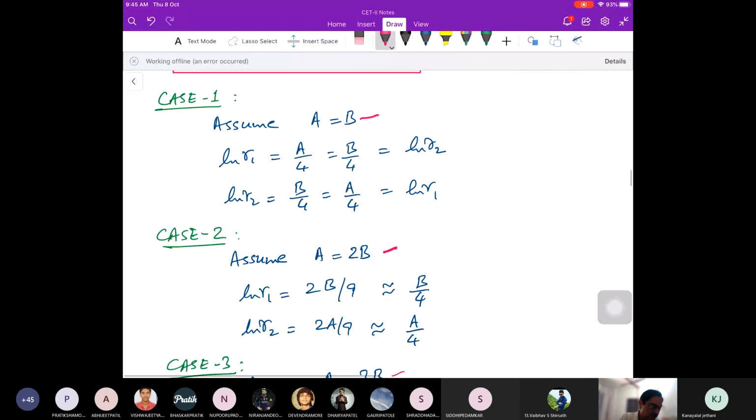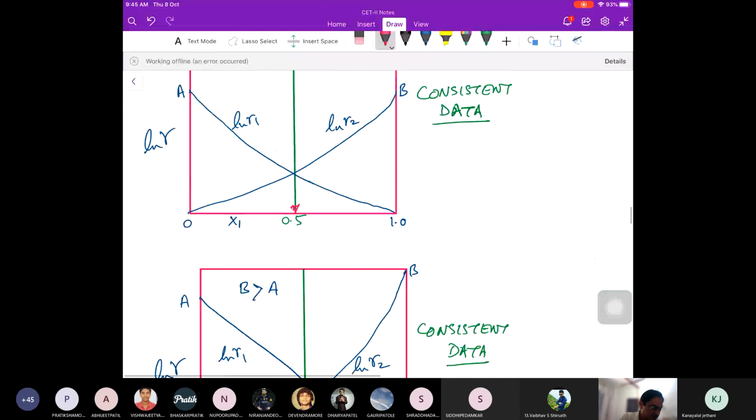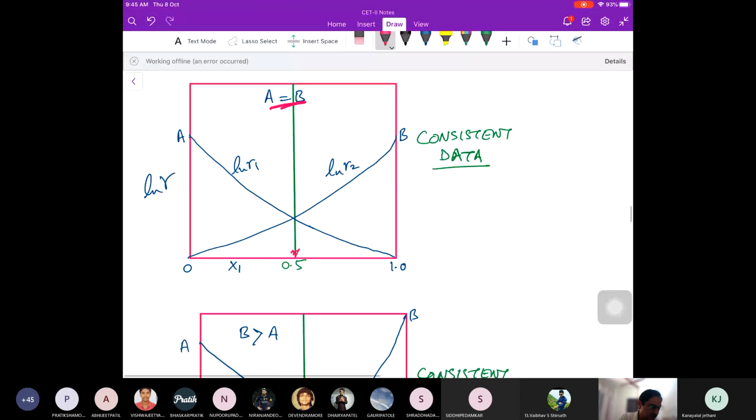This is case 1. If you get this type of data, that ln gamma 1 equals ln gamma 2 at x equal to 0.5, then it is consistent data.